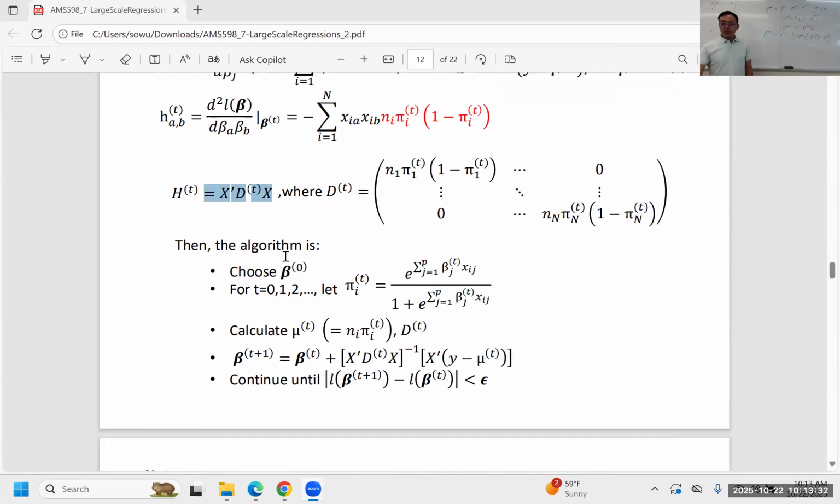Now the whole algorithm works like this. You choose an initial beta_0. It could be a random point, or you can have an educated guess, borrowing information from a previous study. But it doesn't really matter.